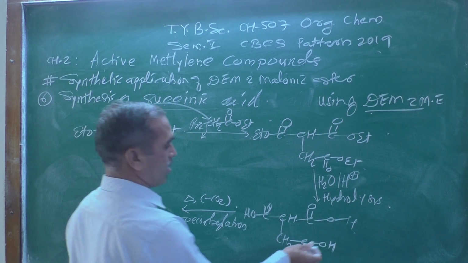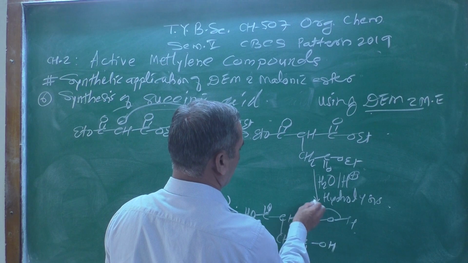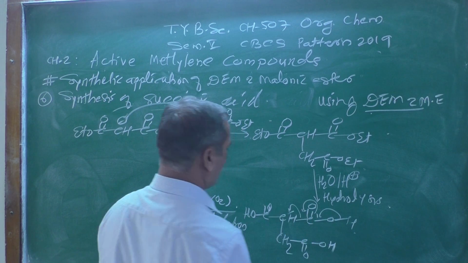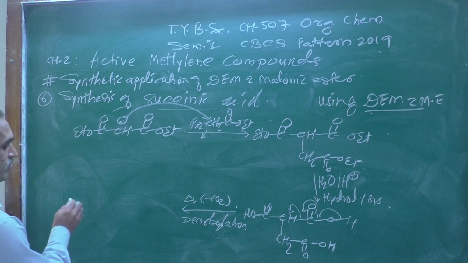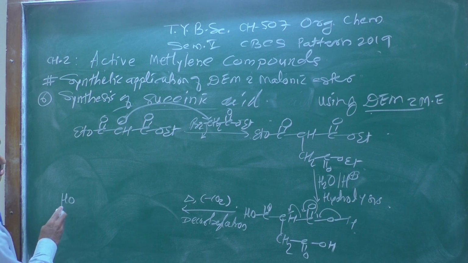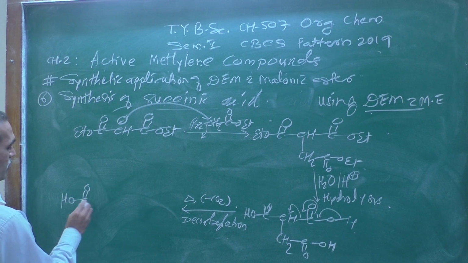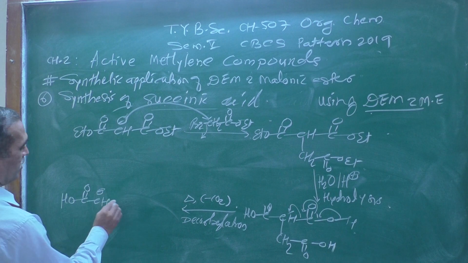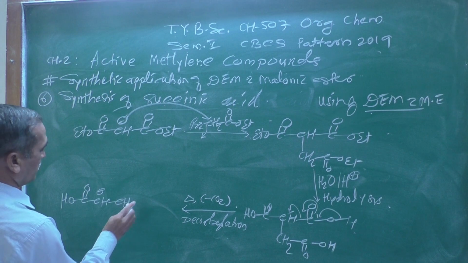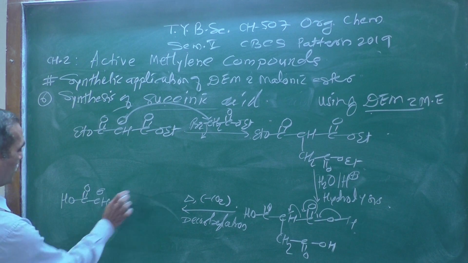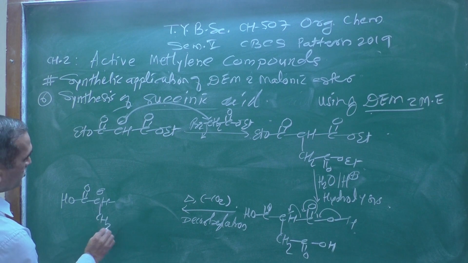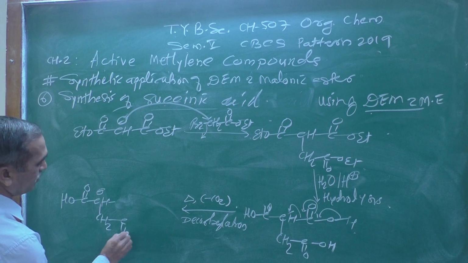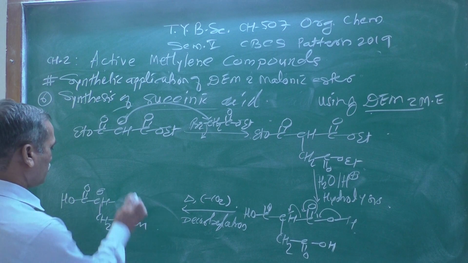After the decarboxylation, double bond over here and negative charge forming here, and we will be getting here HO, then C double bond O, CH minus, then here you can write CH2, then C double bond O, OH as usual.